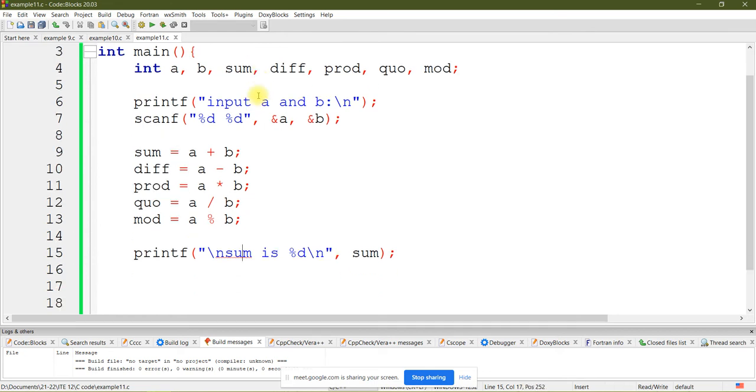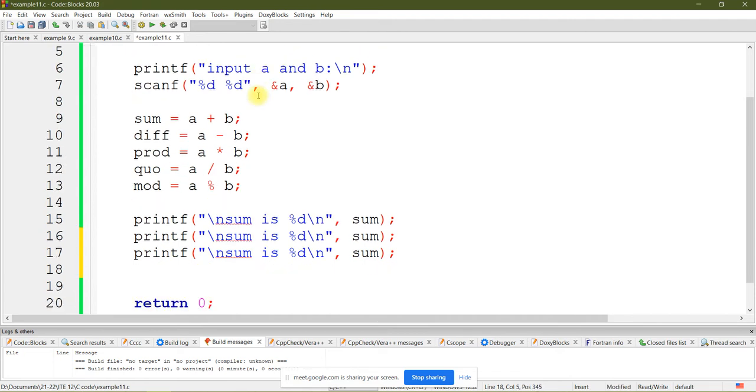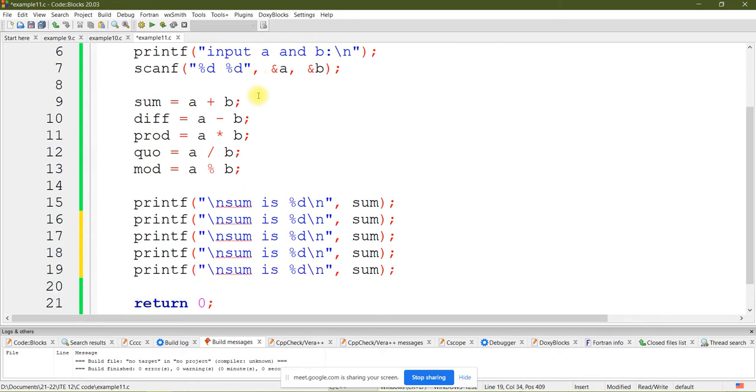Alright, so those are the operations that we will test. And then we will print their answers. So this is for the diff, and this is for the prod.